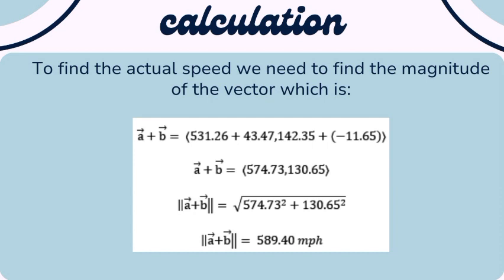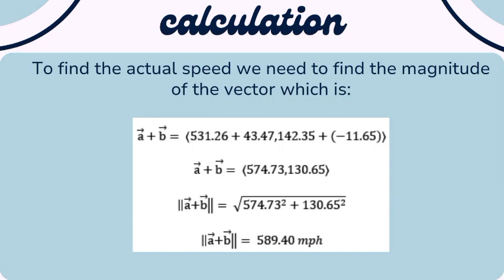We find the magnitude by using the distance formula, which I already mentioned in the third slide, and we get the magnitude of the vector, which means the speed in this example, the speed of the aeroplane plus the wind, is 489.4 miles per hour.